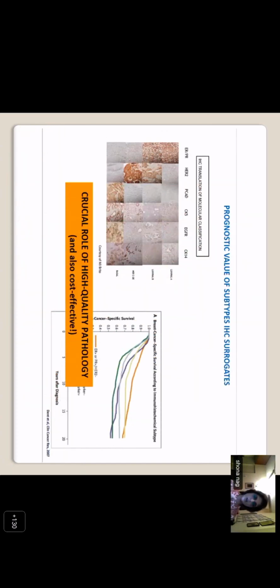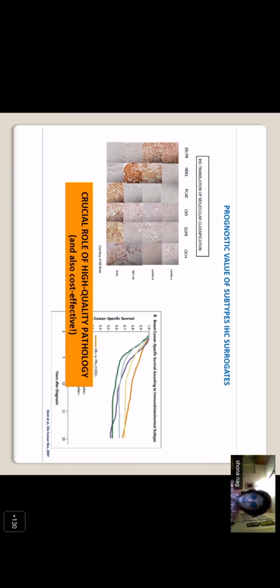Now, everybody can't afford gene profiling. It's expensive, it is time consuming, it is technology driven. So there was a beautiful paper by Rebecca Dent and her colleagues where she asked, can you get surrogates of these molecular subtypes through immunohistochemistry? What she showed here, on top is ER, PR, HER2, and the basal markers CK5, EGFR, and CK14.